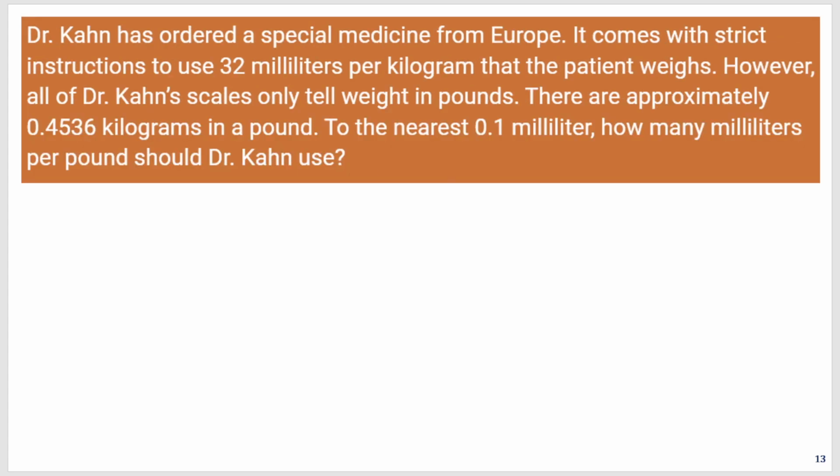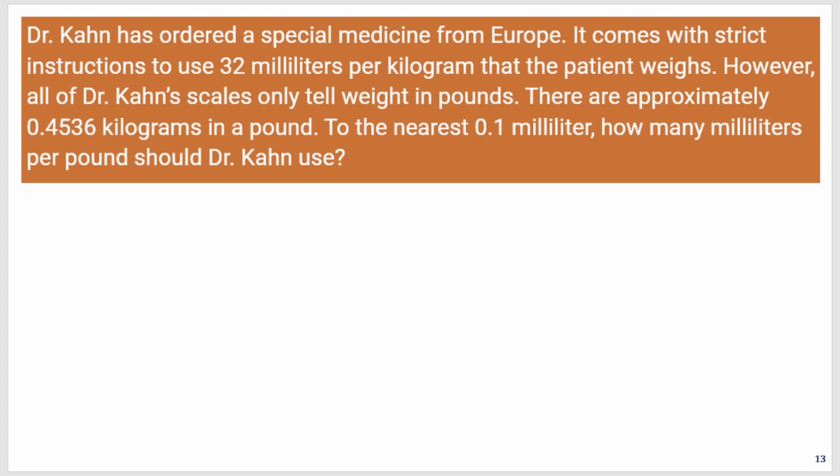Dr. Kane has ordered a special medicine from Europe. It comes with strict instructions to use 32 milliliters per kilogram that a patient weighs. However, all of Dr. Kane's scales only tell weight in pounds. There are approximately 0.4536 kilograms in a pound. To the nearest 0.1 milliliter, how many milliliters per pound should Dr. Kane use?